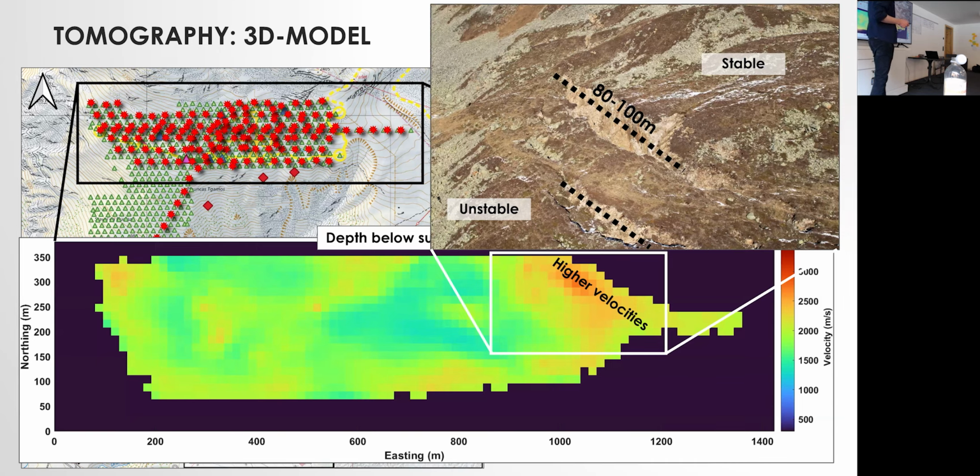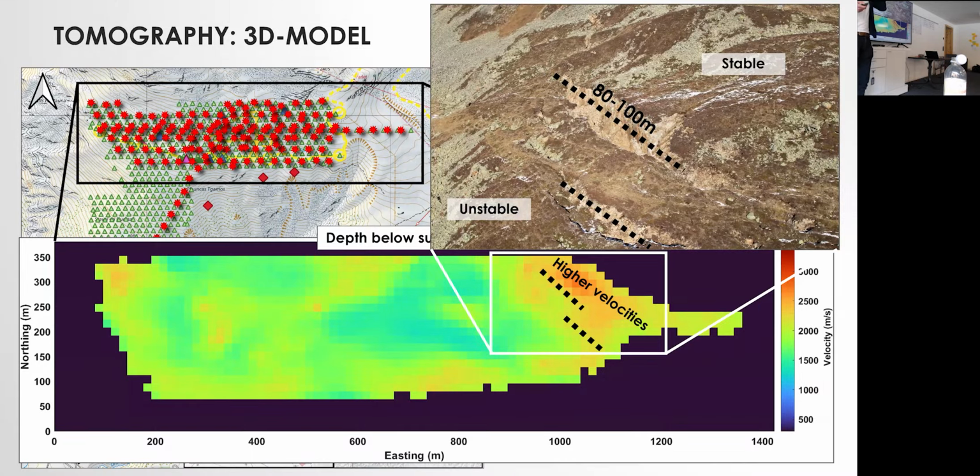If we plot the location of those cracks in our velocity model, they plot at this spot, which would suggest that these crack features propagate to at least 100 meters depth, where they would still separate higher velocities, so more intact and stable subsurface in the northeast, from more damaged and unstable parts in the southwest.